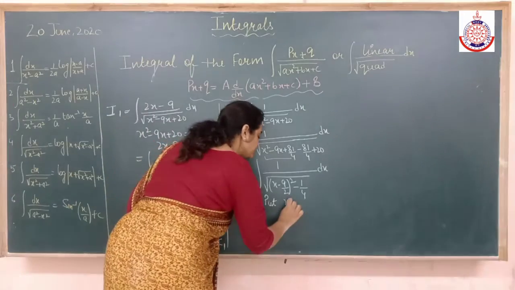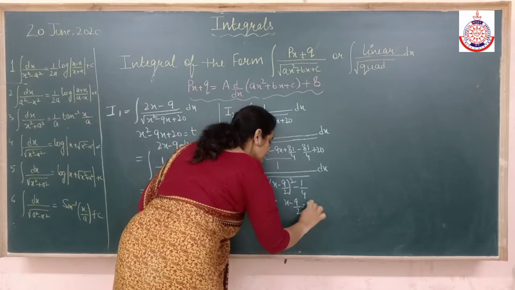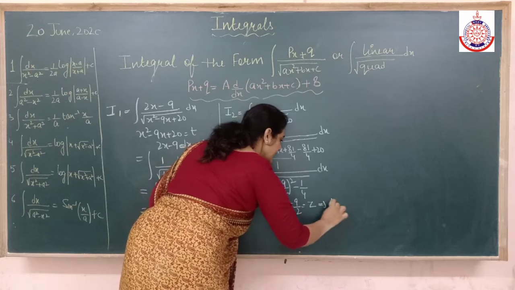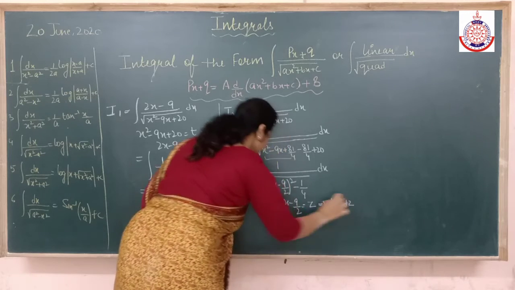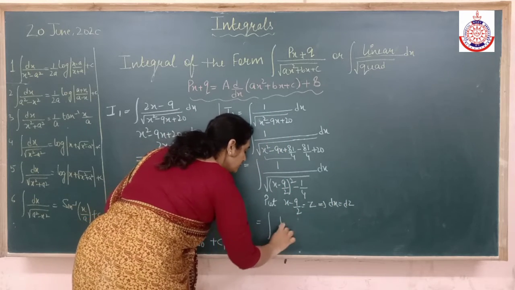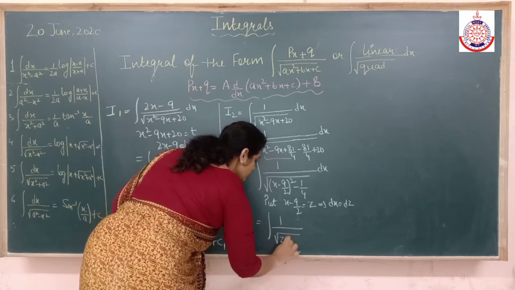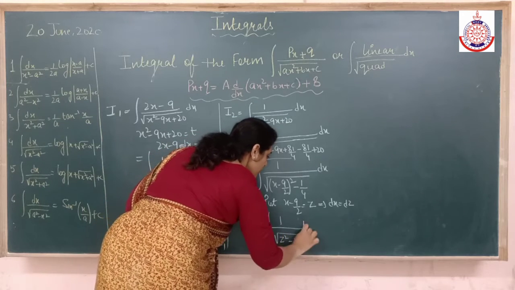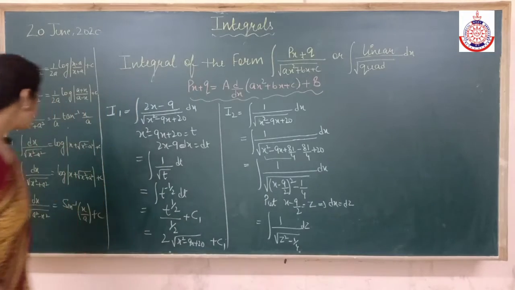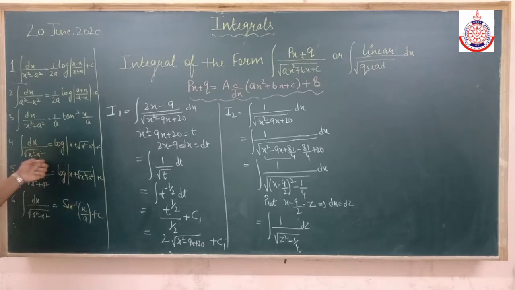Put dx is equal to dz. It will be which form? Under root z square minus 1 by 4. So that is 1 upon x square minus a square. Put the value.